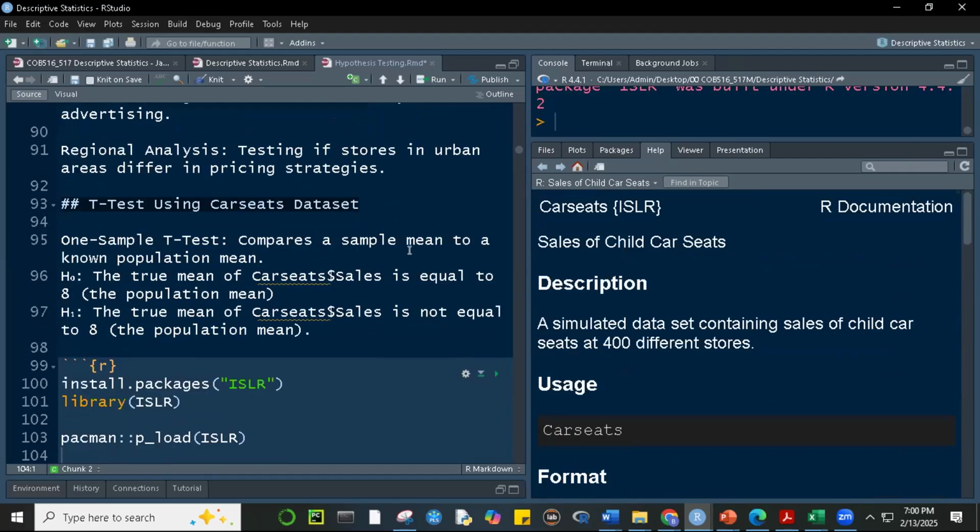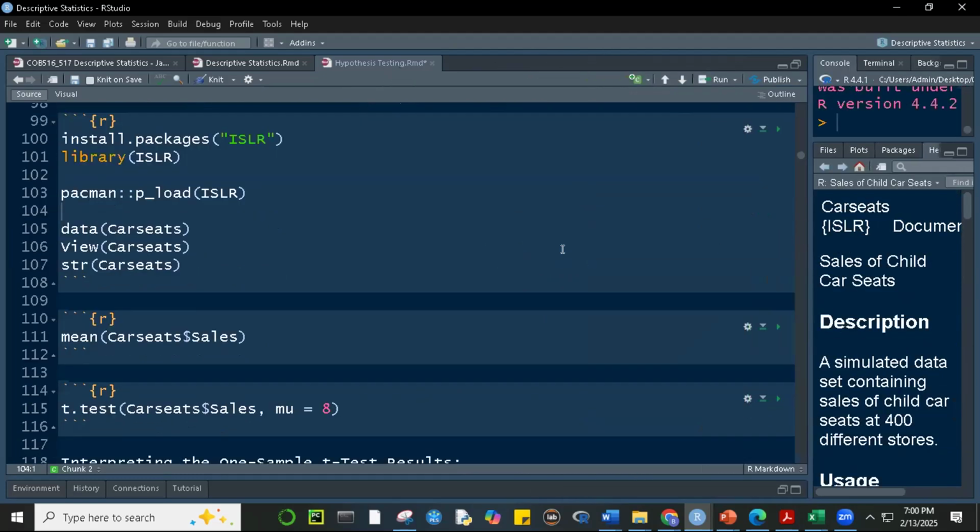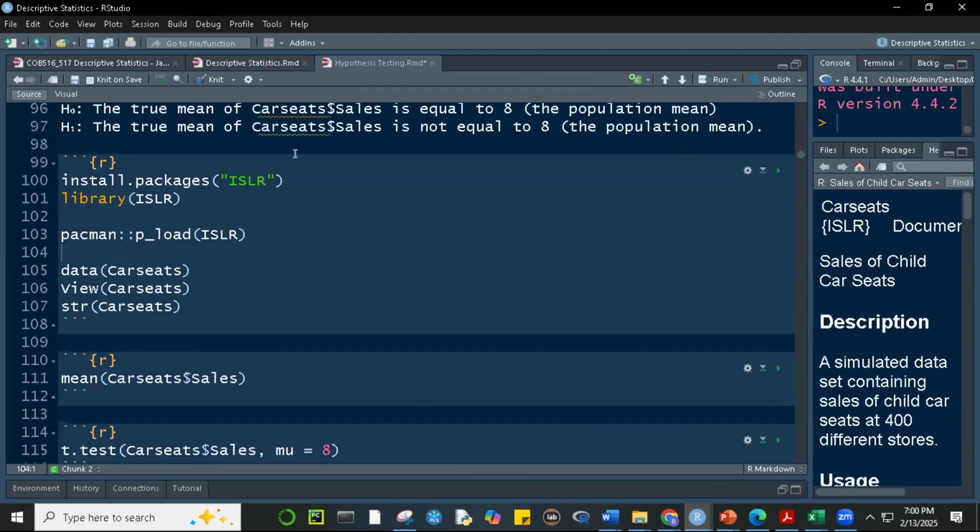Okay, so let's go here. We have learned about the data. How do we now access the data from ISLR? The package, we have already loaded the package, so we can get data coming from that. So we can just write data car seats.